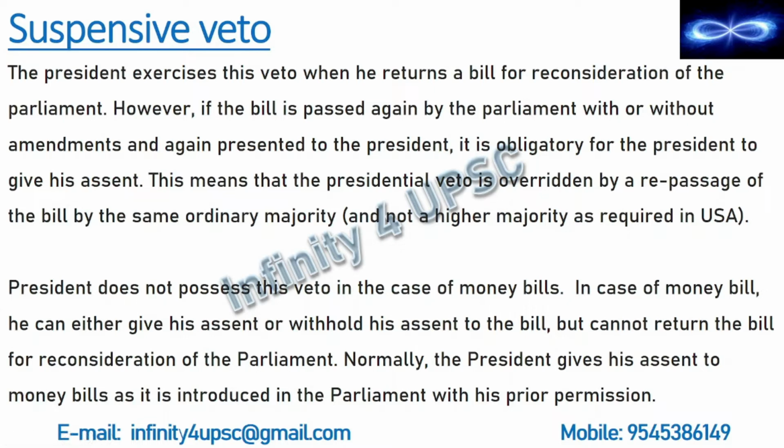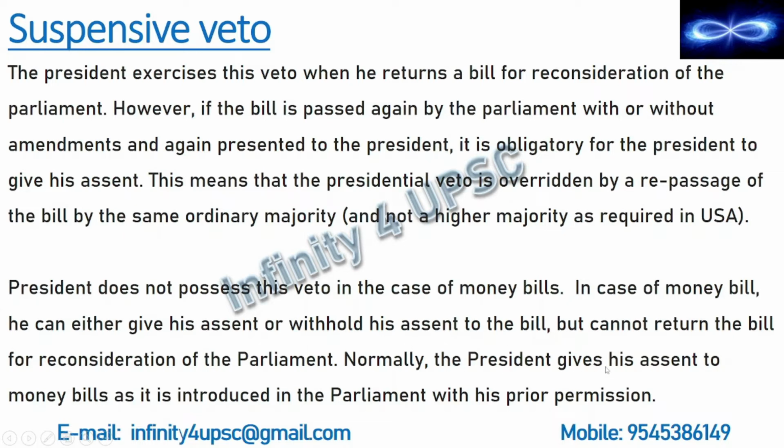Now here there is a high chance of making mistake because students might think that if the president doesn't have the power to return the bill, obviously he is not even allowed to withhold his assent. But that is not the case. Withholding his assent is allowed, but he cannot return the bill.